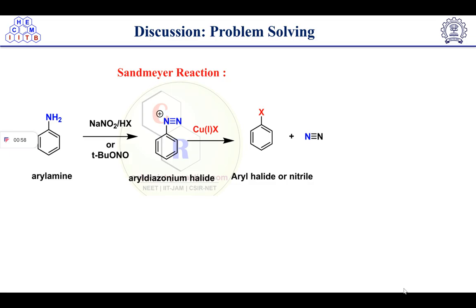Have you ever thought about how the reaction goes through diazo formation? Here we have one example, the Sandmeyer reaction. We have an aryl amine, here aniline, which undergoes a reaction with sodium nitrite and acid.